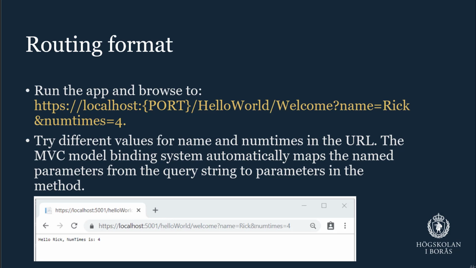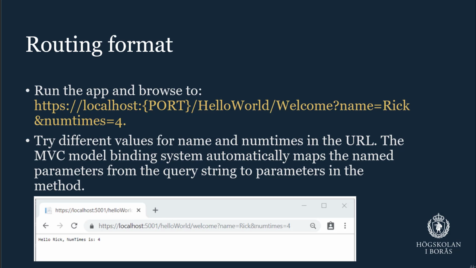As we can see, the URL has picked up our variables: name, which has the value Rick, and number of times, which has the value of 4, and it displays this in our browser. Here you can try different values for name and number of times in the URL and see how it actually behaves.